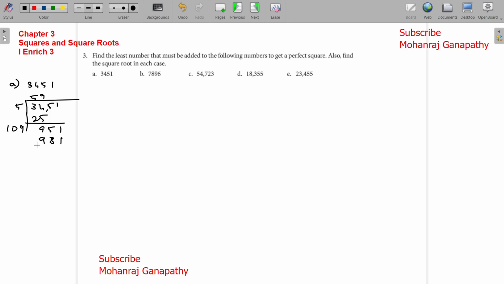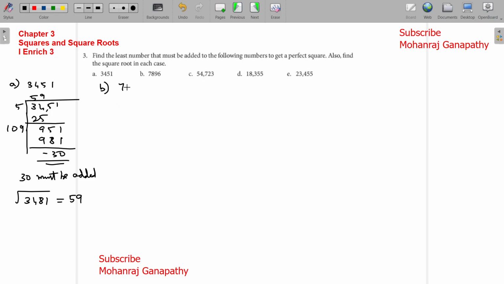The difference between this is minus 30. So 30 must be added to make this a perfect square. Then the new number is 3481. Square root of 3481 is 59.